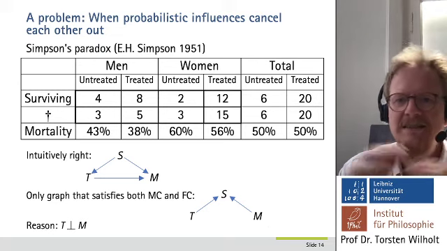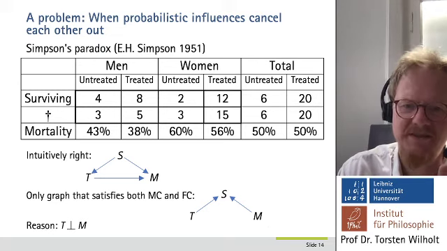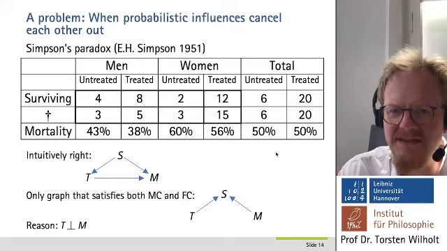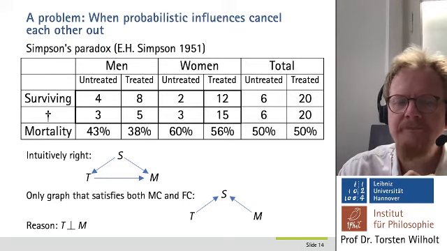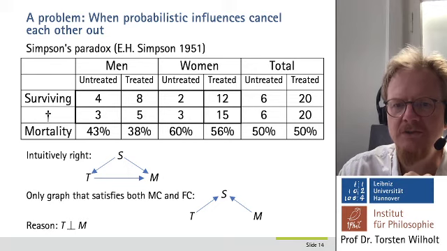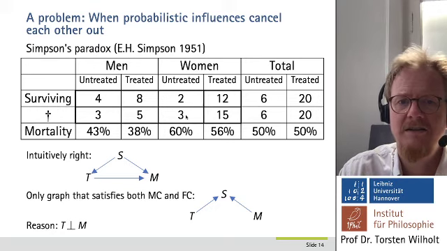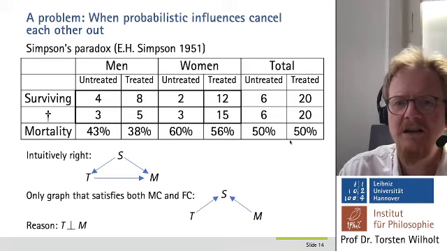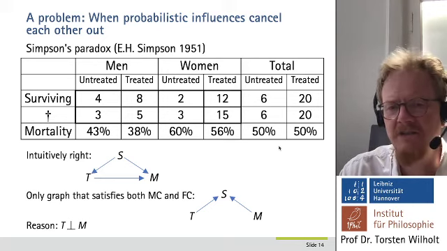Why is this? Because these numbers mean that from a probabilistic point of view, treatment and mortality are unconditionally not correlated. They are conditionally correlated. They're correlated conditional on women and conditional on sex, but they're unconditionally not correlated.